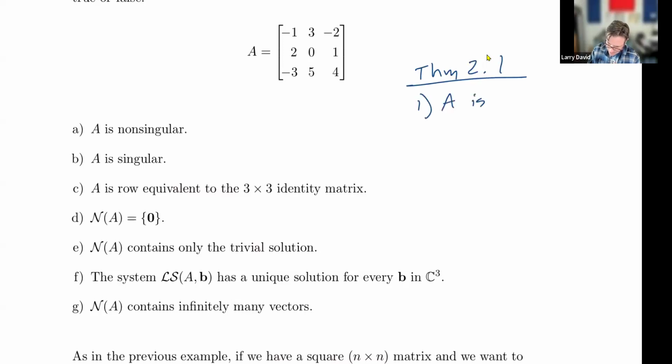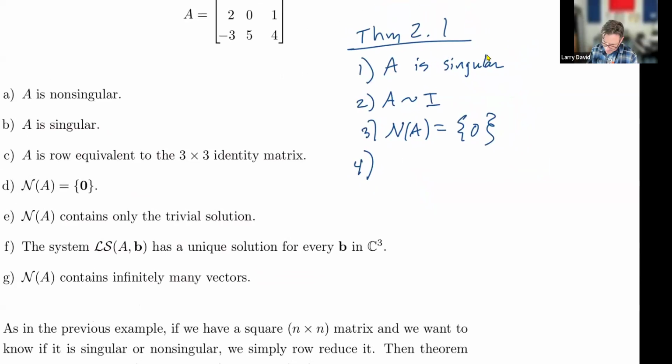So A is non-singular. A is row equivalent to the identity matrix. The null space of A is the set containing the 0 vector. And to summarize this, we'll just say LS A, B is consistent. Actually, we can be more specific than that, right?